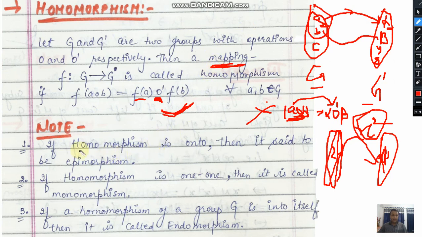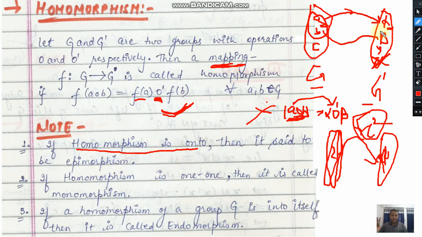If the homomorphism is onto, it means there is no element in G dash which is not mapped by an element of group Z. All elements of Z dash are mapped by elements of Z. You have already studied this in your 12th class.